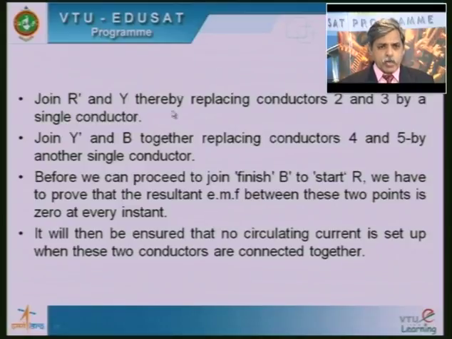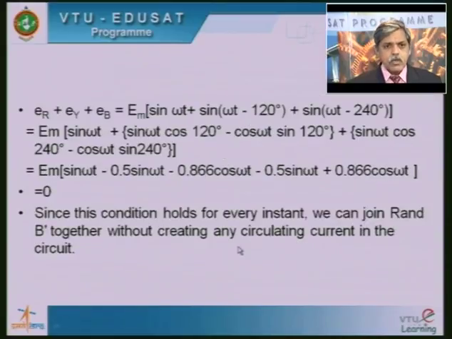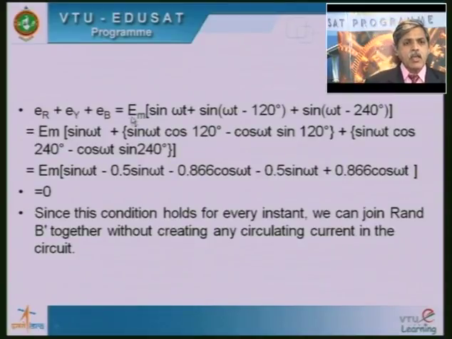Join R dash to Y, thereby replacing conductors 2 and 3, and Y dash to B, replacing conductors 4 and 5 by a single conductor. Before joining the finish of B to the start of R, we must make sure that the voltage is 0, otherwise there will be circulating current in the delta. ER plus EY plus EB is definitely 0, because all three coils are identical in number of turns, conductor cross section, everything.